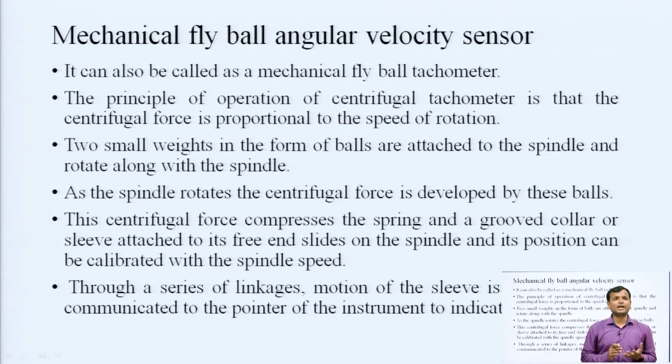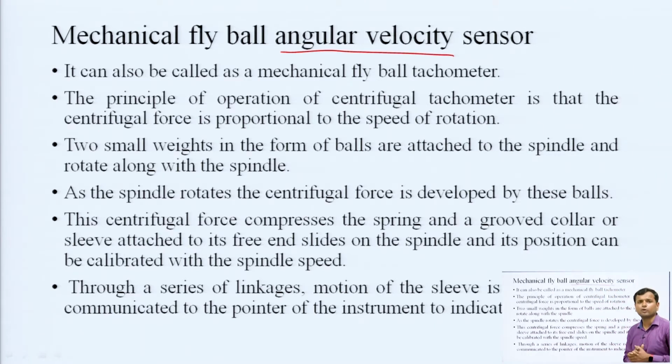First, we are going to see the mechanical fly ball angular velocity sensor, or mechanical fly ball tachometer. It can also be called a tachometer because it is used to measure angular velocity or angular displacement or angular speed. That device is called a mechanical fly ball angular velocity sensor.